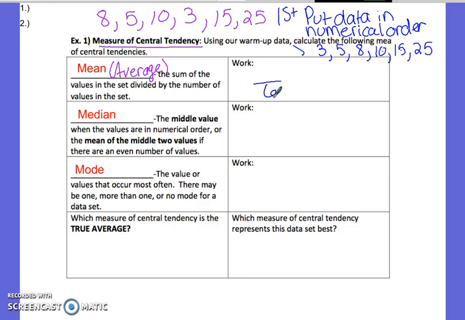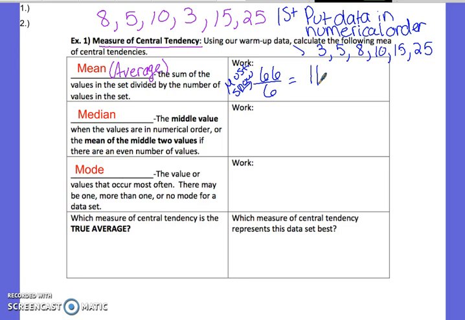You can plug in your calculator 3 plus 5 plus 8 plus 10 plus 15 plus 25, and you would get 66. I need to see the sum divided by the total. You must show. You will miss points if you do not. So you get 11 for the mean once you do the division.